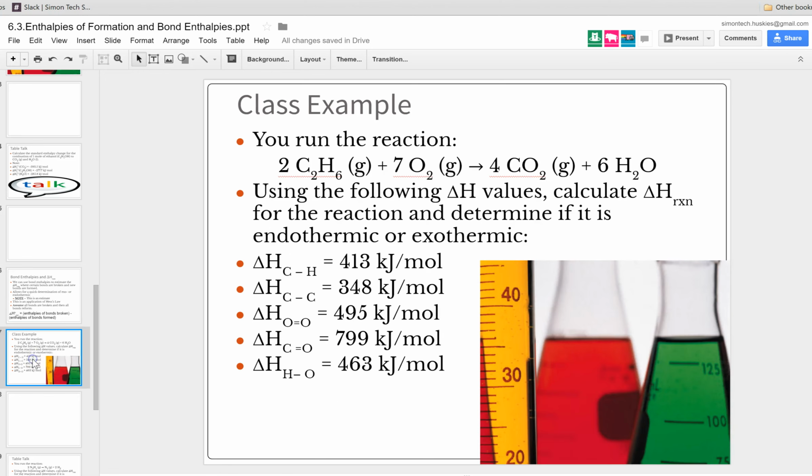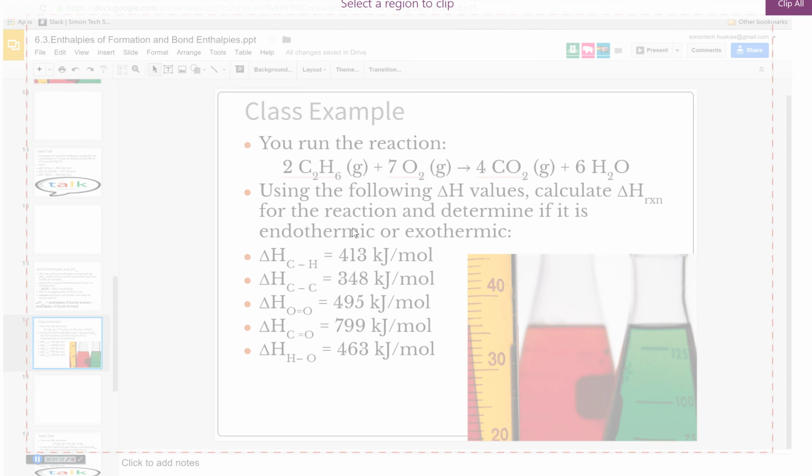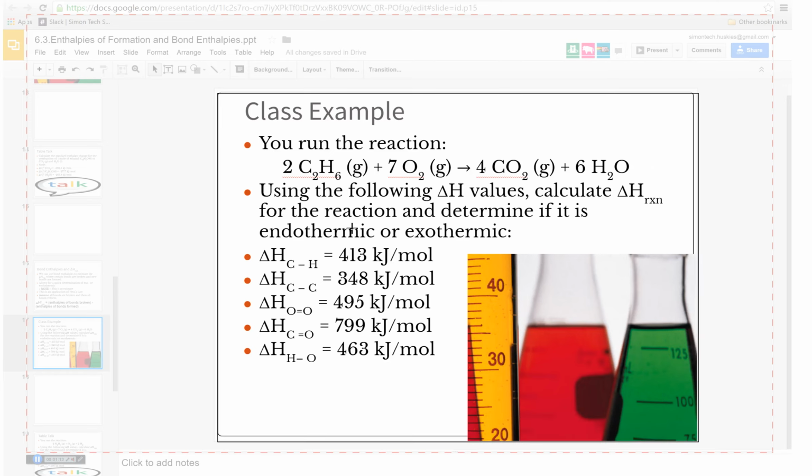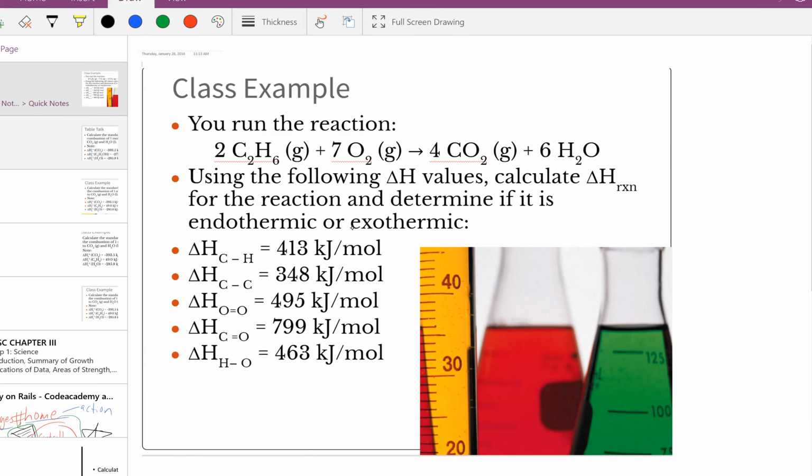Now in this case, the first thing we have to do is address which bonds are broken and which bonds are formed. Well, I know one thing. If C2H6 is combusting, that means that all of these bonds are broken.